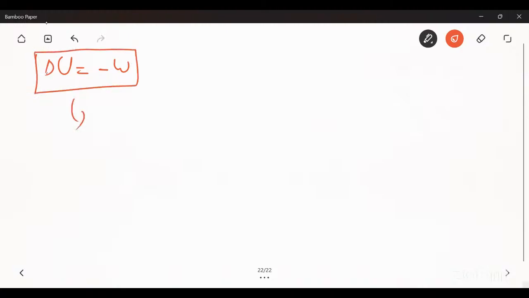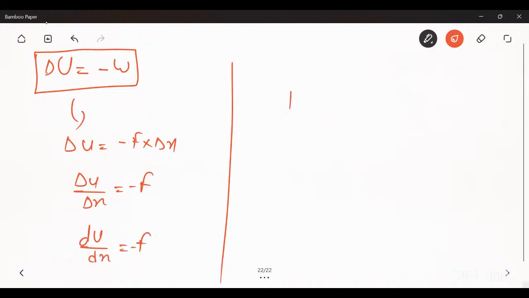Now we know that work done is equal to force into displacement delta x. So delta U by delta x is equal to minus F, or simply dU by dx is equal to minus F, or F equal to minus dU by dx.